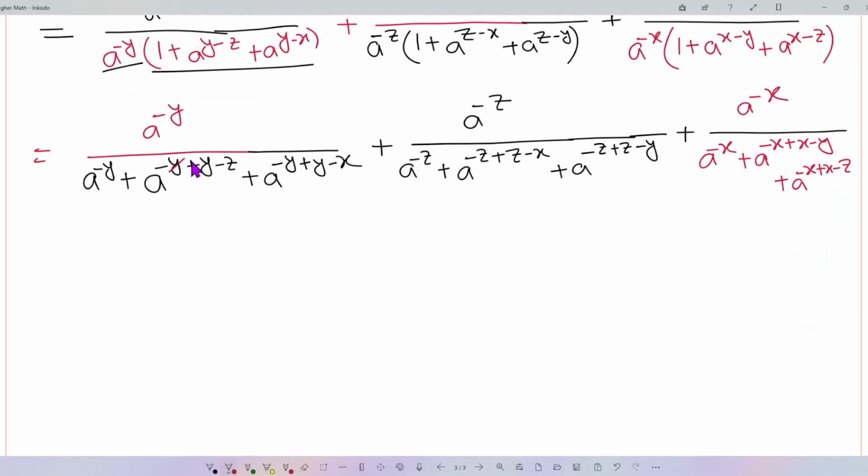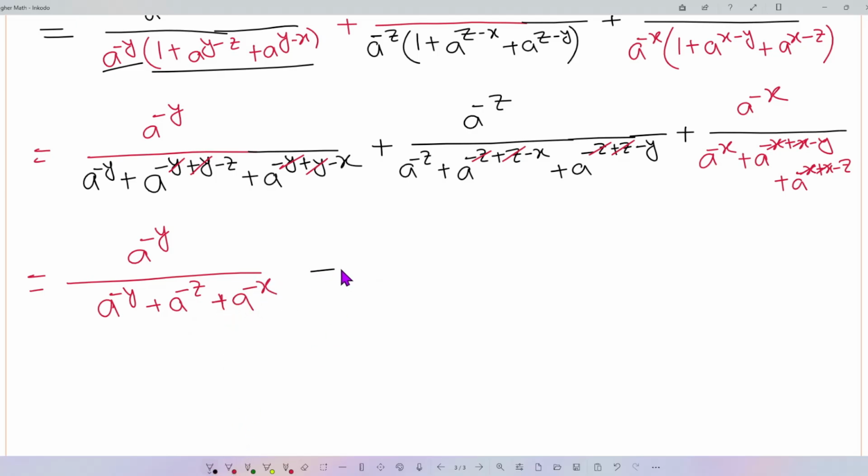Here minus y and plus y go out, minus y plus y go out, minus z plus z go out, minus z plus z go out. Here minus x plus x go out, minus x plus x go out. Therefore, now we can write a to the power minus y, and here a to the power minus y plus a to the power minus z plus a to the power minus x.